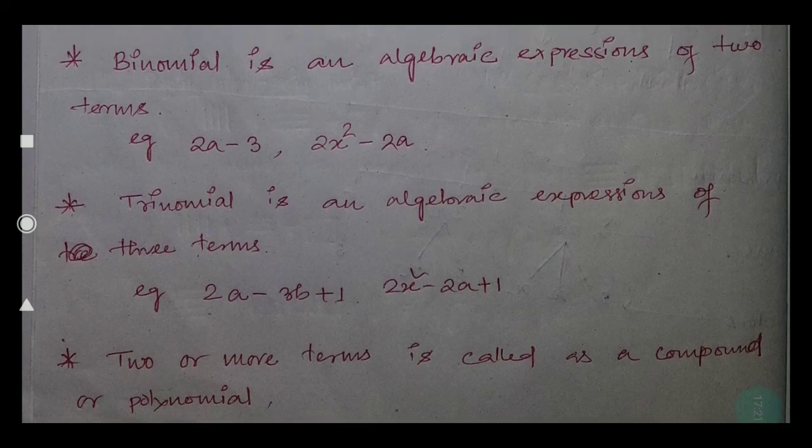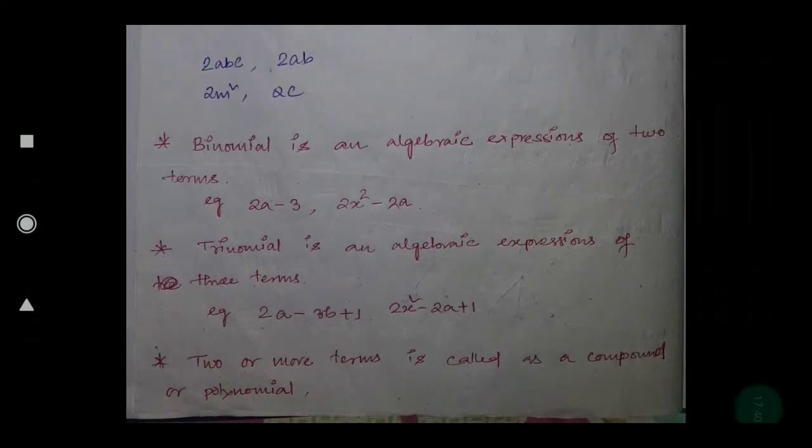If in an algebraic expression the number of terms is 2 or more than 2, then it is called a compound or polynomial. That means binomial is also considered a polynomial and trinomial is also considered a polynomial, but there is one restriction. What is that restriction? That one we will discuss.